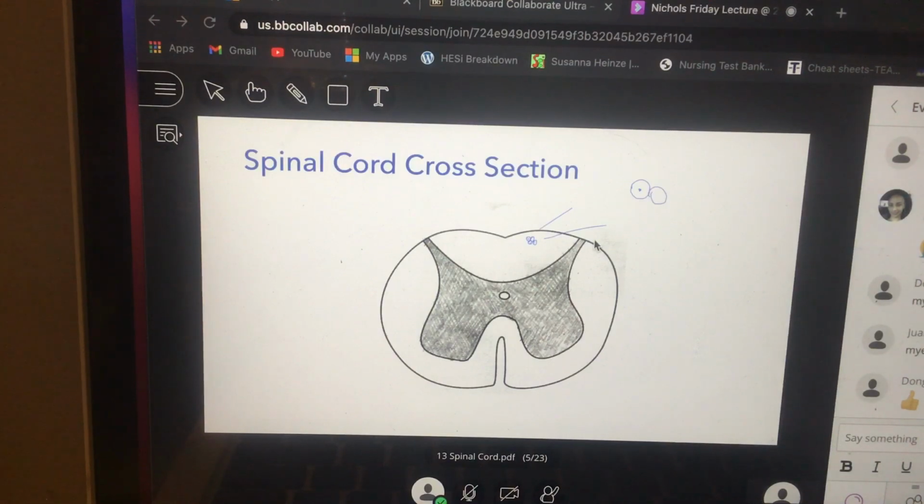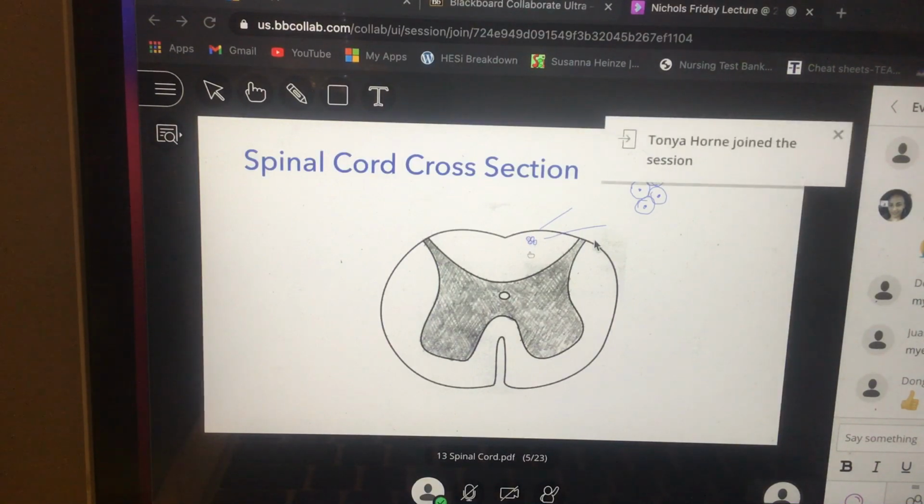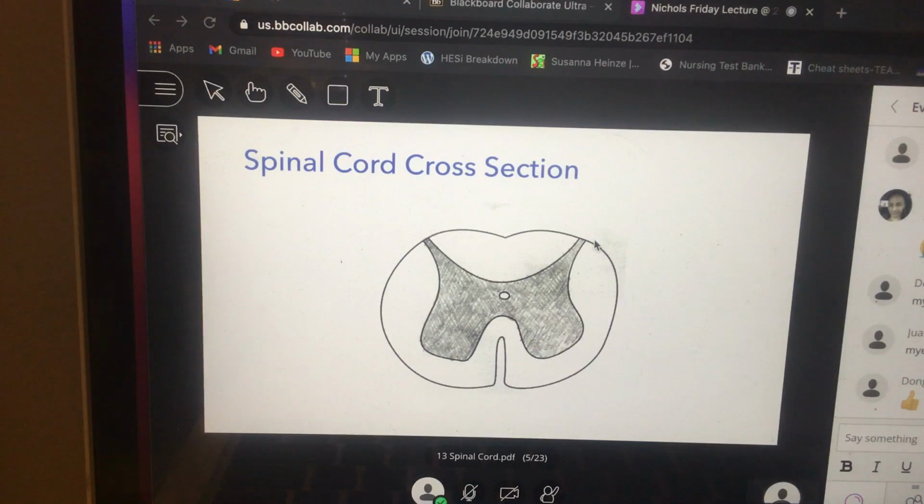They're just packed like this. You're looking at a cross section of the axon surrounded by a Schwann cell, surrounded by its myelin sheath. And that's all you're seeing. You're looking at them end on. So that is the white matter.